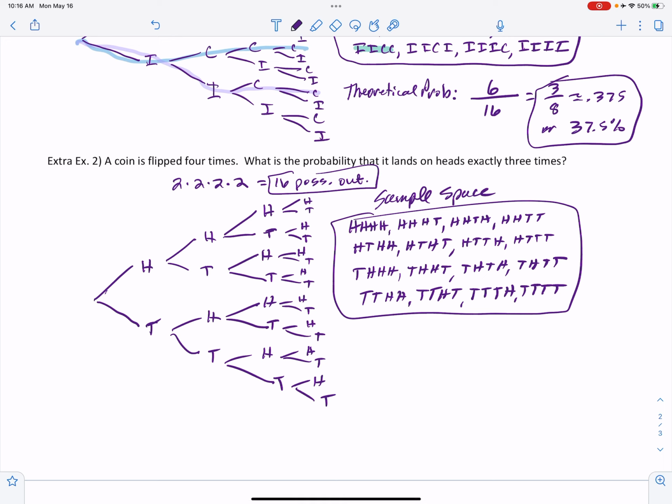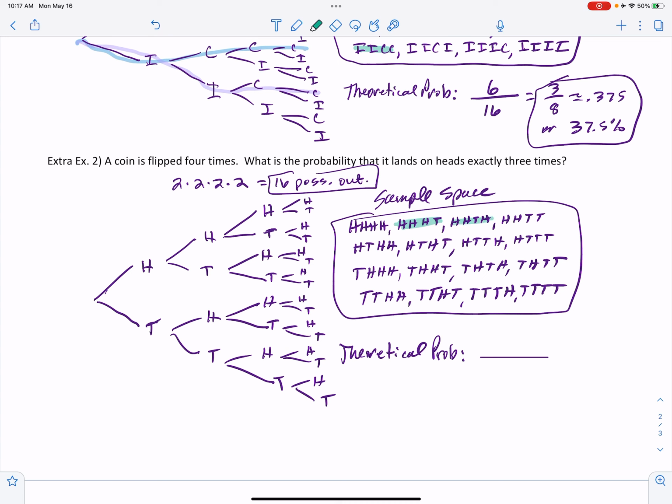So now, that theoretical probability is the number of times, in here, we have exactly 3 heads. So lands on heads exactly 3 times. There's 3.